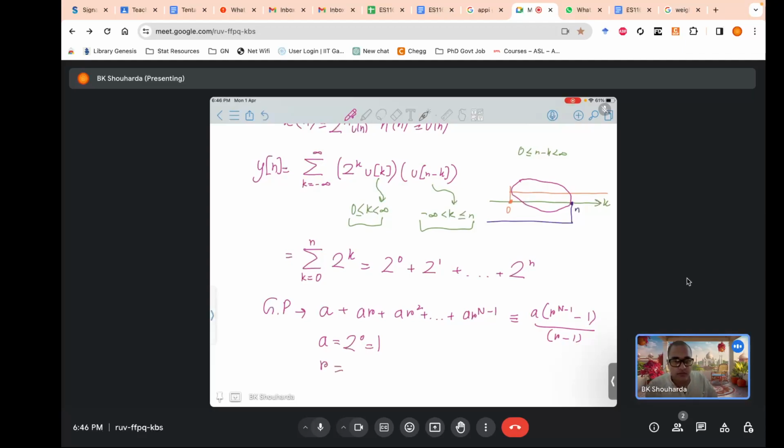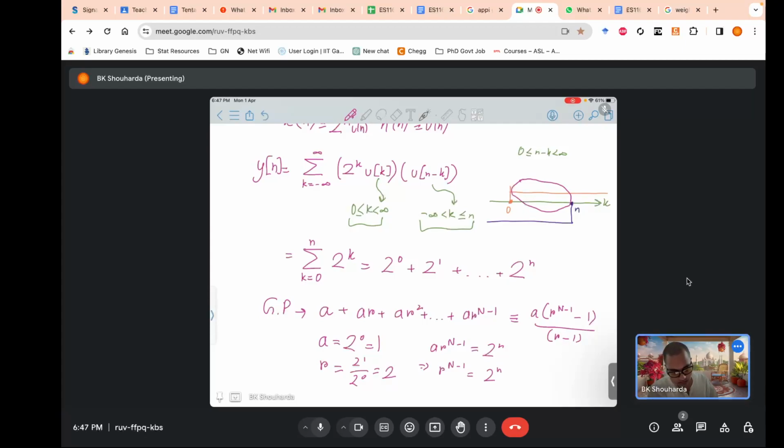R, which is the common ratio, is 2 to the power 1 by 2 to the power 0, that's 2. The last term AR to the power n minus 1 is 2 to the power n, which means R to the power n minus 1 is 2 to the power n.